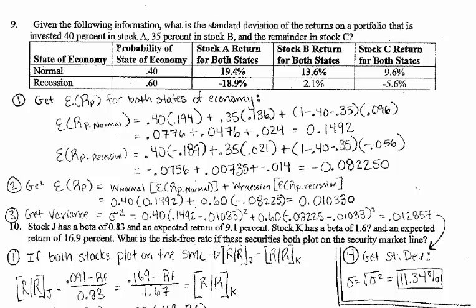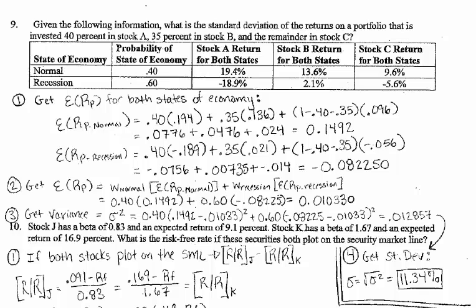So there's your squared difference, plus 60% times the squared difference for the recession. So that's where you get that negative 0.08225 minus that average you got in step 2 of 0.010333, and square that. So in this case, you don't have it all over n minus 1. Your variance is going to be 0.012857. If you take the square root of that, you'll get 11.34%.